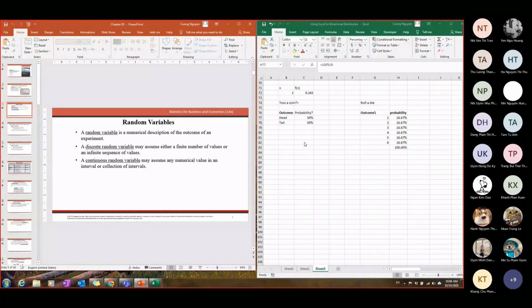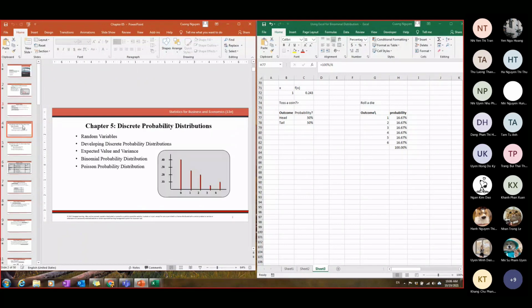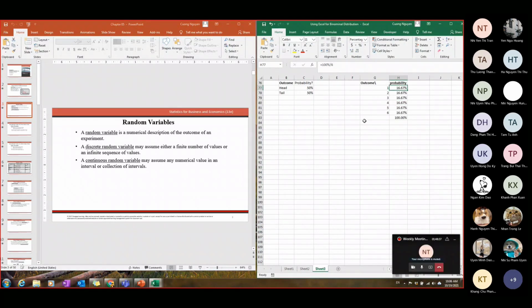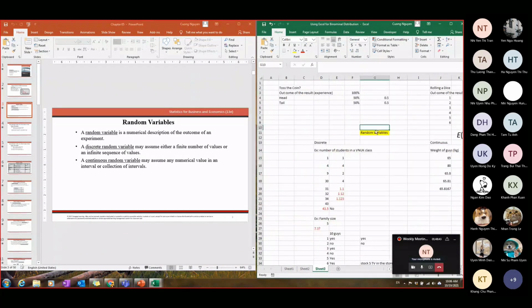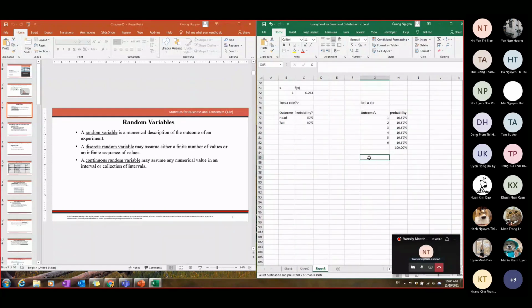And we have 2 kinds of random variable. First of all, the discrete random variable. And the second one is the continuous random variable. So for random variable, we have 2 different types of them.